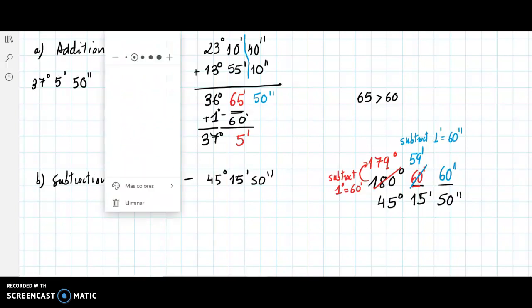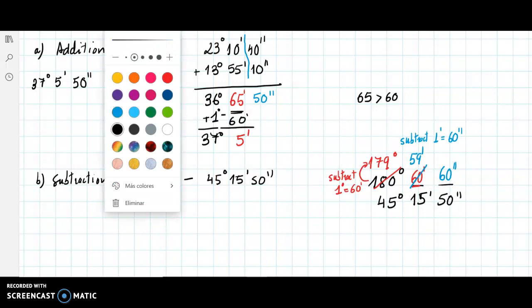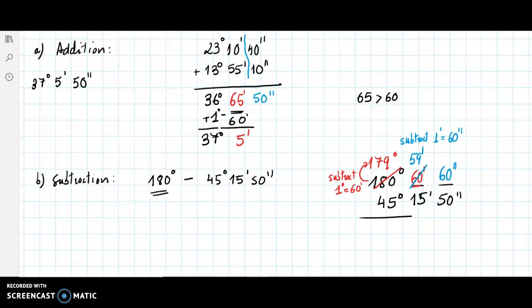So now we can perform the subtraction. This is not necessary to do in addition. This is only for subtractions, and only in case you don't have minutes or seconds in the greater number. So now we can subtract.